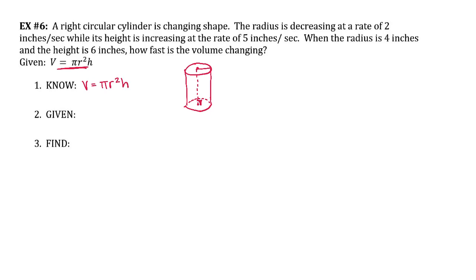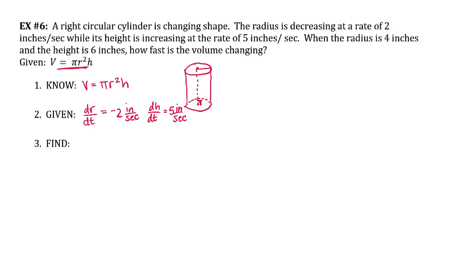And so we're given the rate of change of the radius. Notice dr/dt, rate of change of the radius. They said that it was shrinking, so that's a negative 2 inches per second. And we were told that the rate of change in the height, dh/dt, is going to be 5 inches per second.